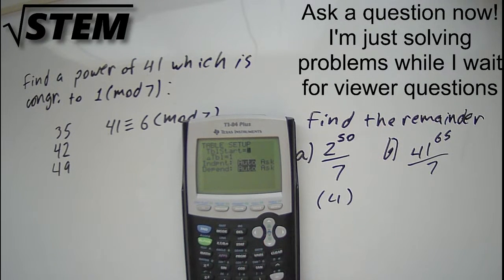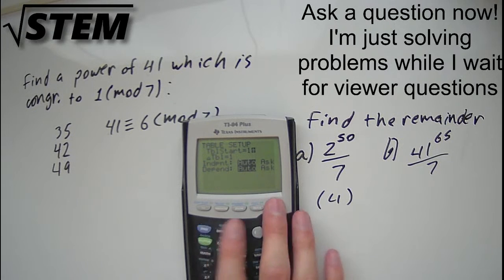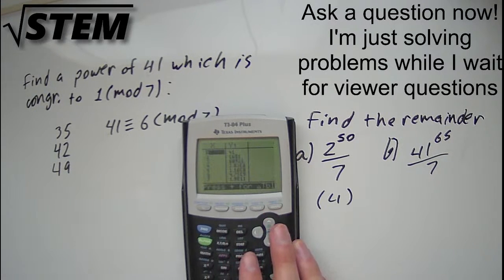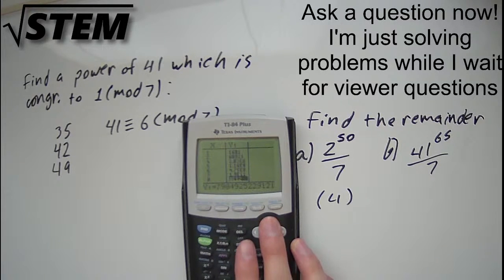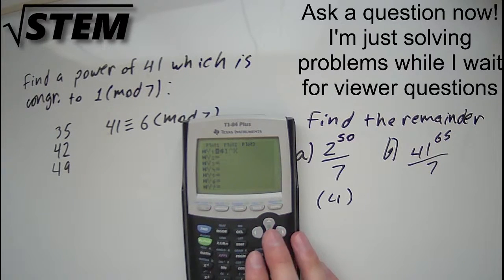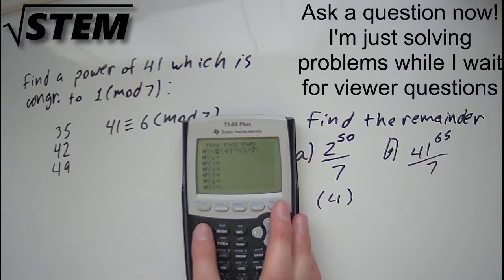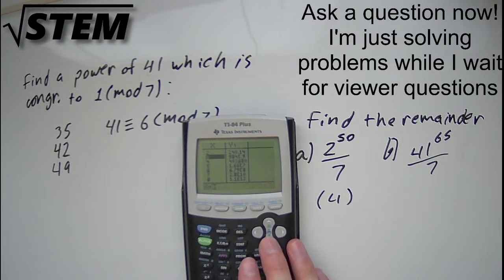look at it as a table, start at 1, delta is 1. Oh, that doesn't help. What about 41 to the x divided by 7, and we'll look at if it's got decimal places or not. 4 might not.